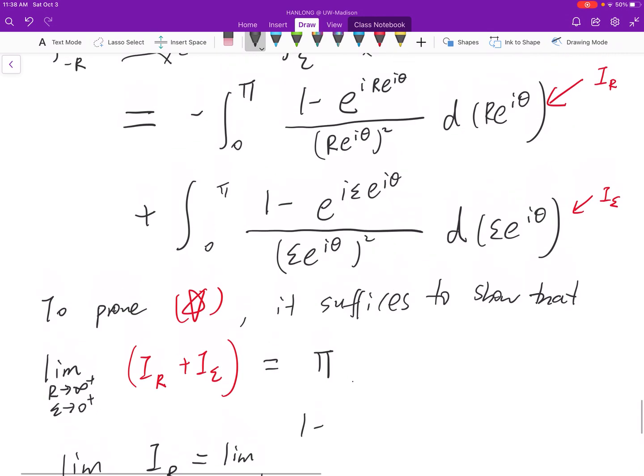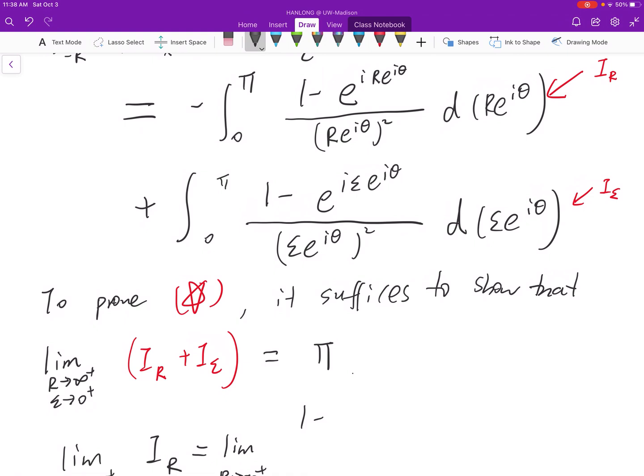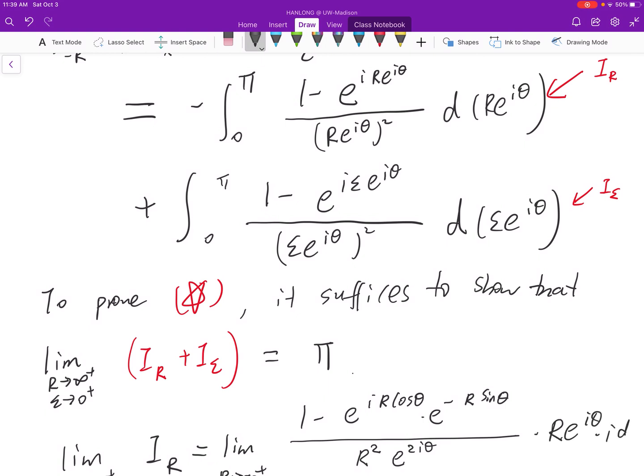It's 1 minus exponential iR cosine theta times exponential negative R sine theta. Sorry, there's no i, negative R sine theta, divided by R squared exponential 2i theta, times R, times i d theta, integration from 0 to pi.